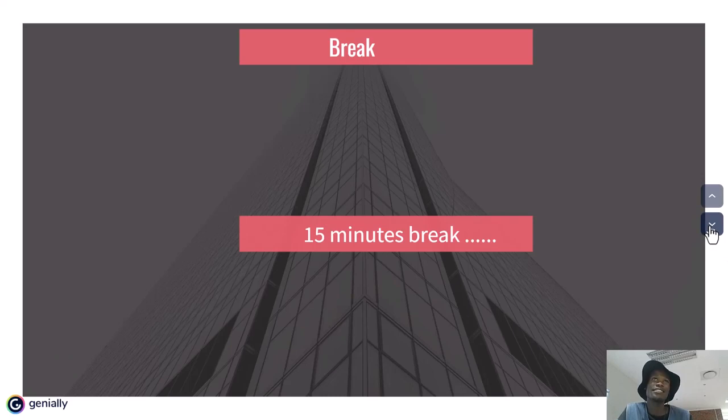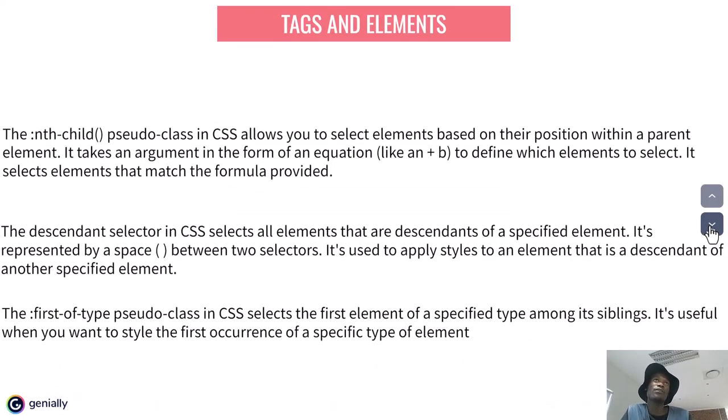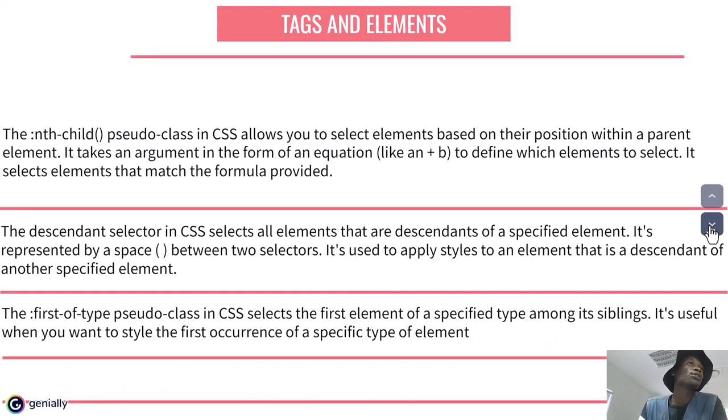So the nth child pseudo class in CSS allows you to select elements based on their position within a parent element. It takes an argument in the form of an equation like an plus b to define which elements to select. It selects elements that match the formula provided.